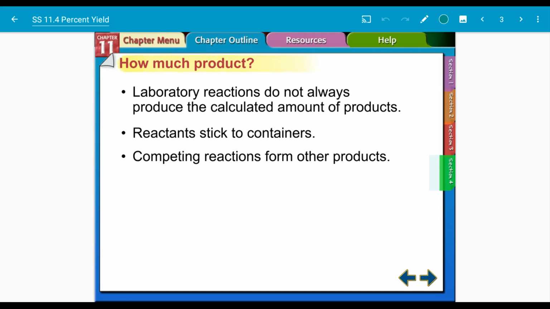Reactants stick to containers. Amazingly enough, in the laboratory, we would be tested once a quarter, and they would send us something, and they would say, okay, find out how much of this chemical is present, and it was amazing sometimes.